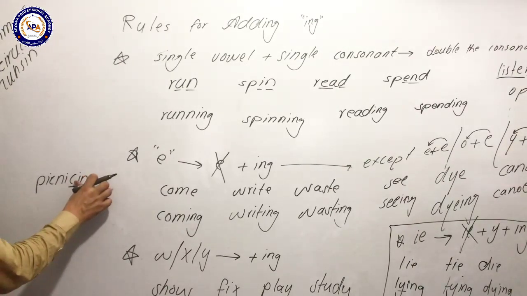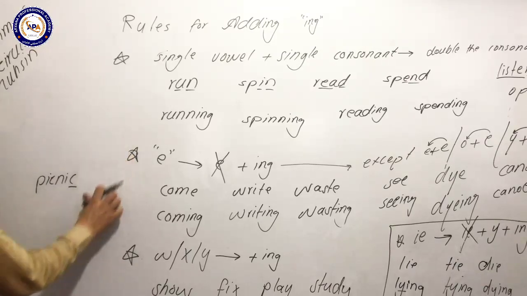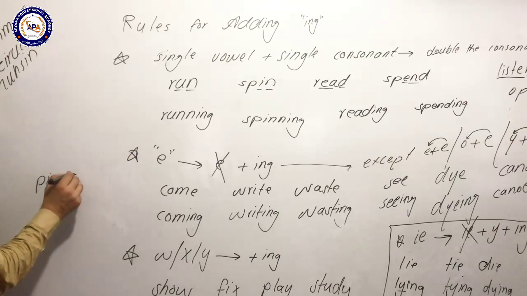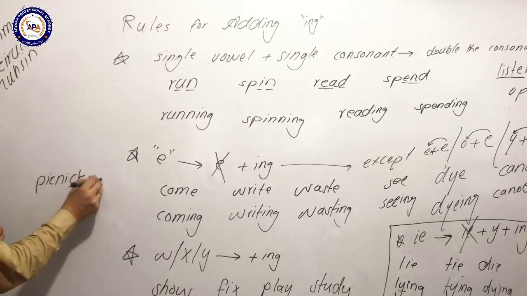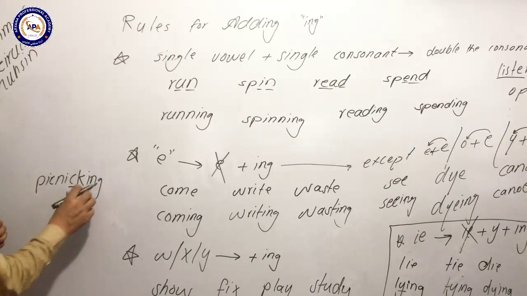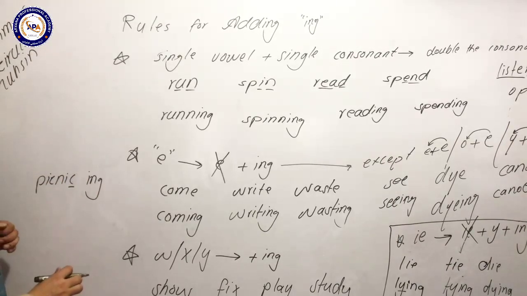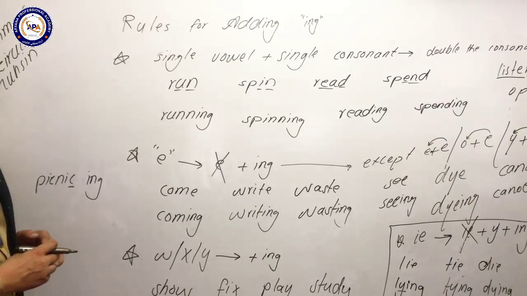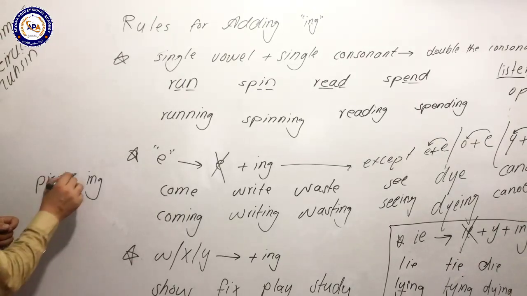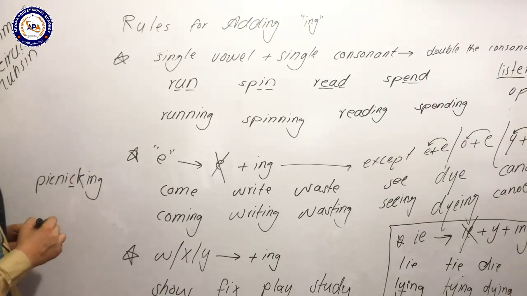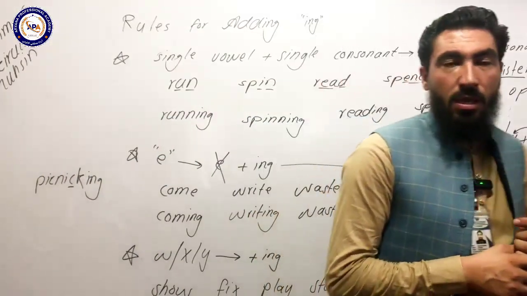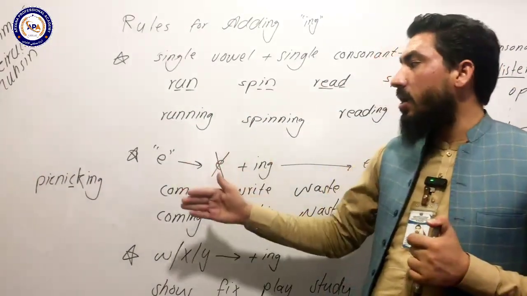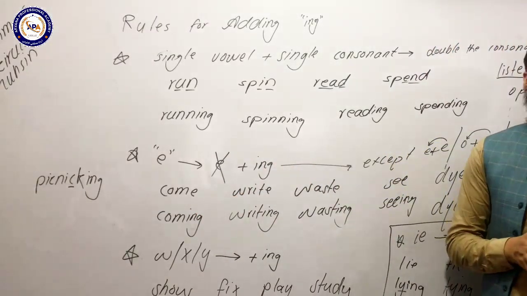That's why, not to change the pronunciation of the letter C, we add K. Picnicking. If you do not add K, then you will pronounce it as picnicing, which is not the pronunciation of this word. Yes, with some verbs ending in C, you have to add K while changing them into ing form.